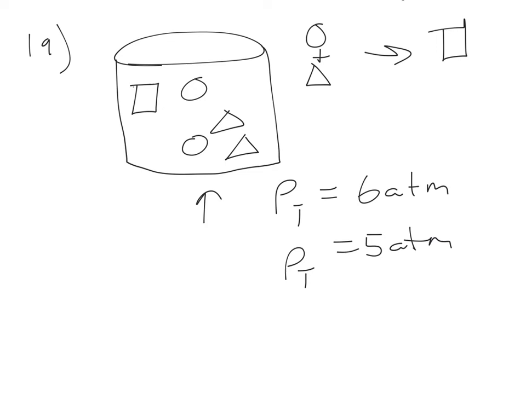So when it asks, would Dalton's law hold true if 2 of the gases in the mixture reacted to form a gaseous product? No, if it's going from 2 moles of gas to 1 mole of gas, you are losing pressure. If you're going from 2 moles of gas to 2 moles of gas, you are maintaining the same pressure. If you are going from 2 moles of gas to like 5 moles of gas, you are increasing pressure because you're making more gas particles. That's how this is going to play out.